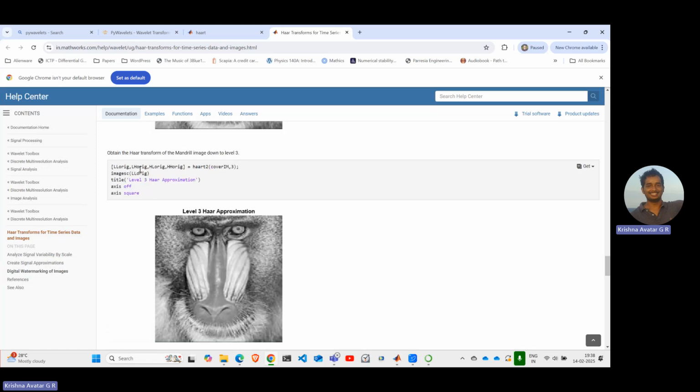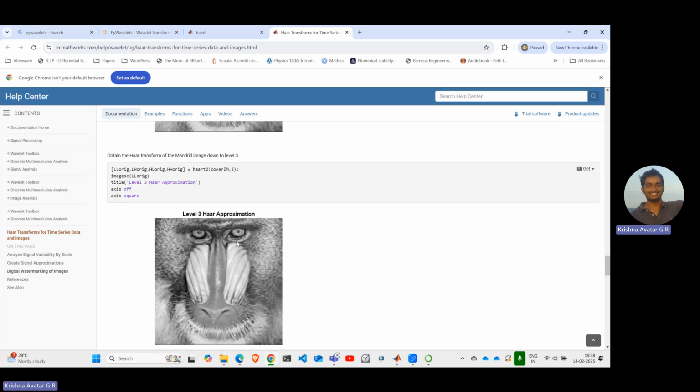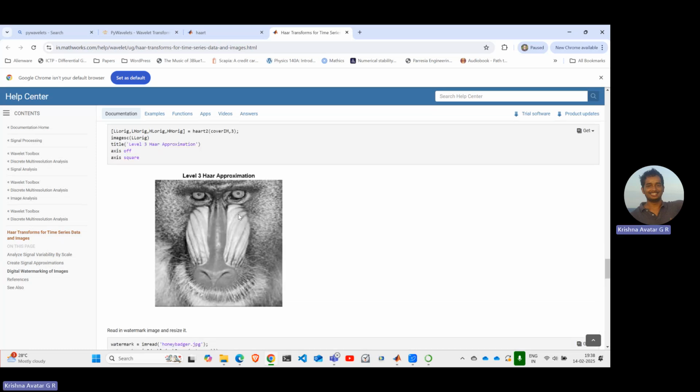So that is what they imply. And here only the first one is plotted, and you see that it very much resembles the original picture, right?